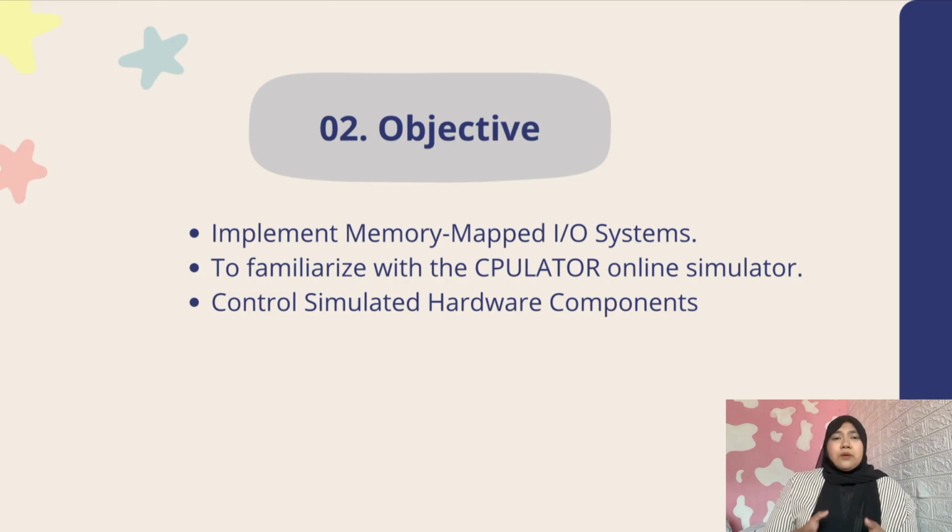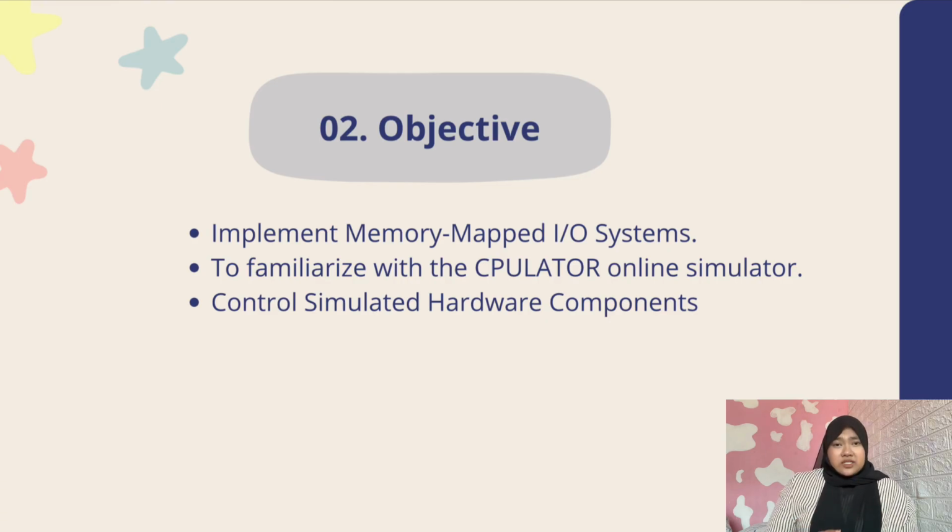Next, a big part of this project is getting familiar with the online simulator. We chose this platform to write and test our assembly code. It really helps us to see what's happening behind the scenes, like tracking register changes, debugging our logic step by step, and seeing how hardware actually reacts in a virtual environment.